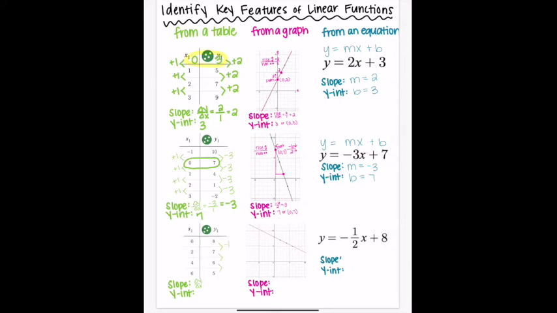It's going down 1, so that's a negative 1. So the change in y is a negative 1, and the change in x, what's happening to the x values each time? So from 0 to 2 to 4 to 6, they are all increasing by 2, so positive 2. So negative 1 over 2 is just negative 1/2.